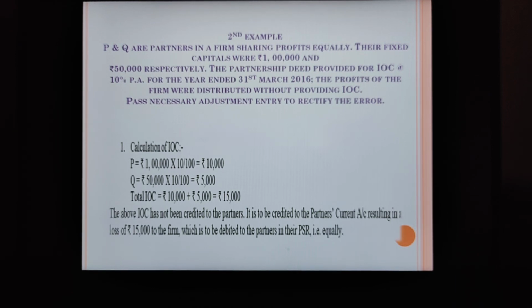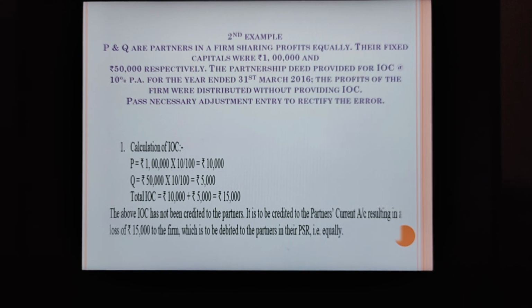What happened here? The firm has not provided interest on capital, and the rate of interest on capital was 10% per annum. Now, what would be the amount of interest on capital to P? It would be 10% of 1 lakh, 10,000 rupees, and 10% of 50,000, 5,000 rupees.